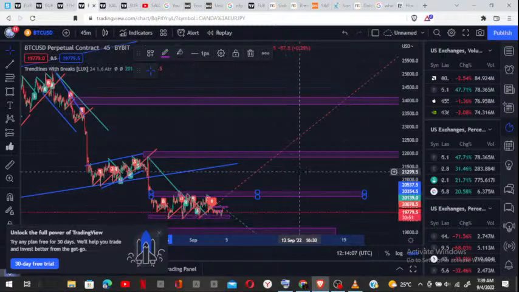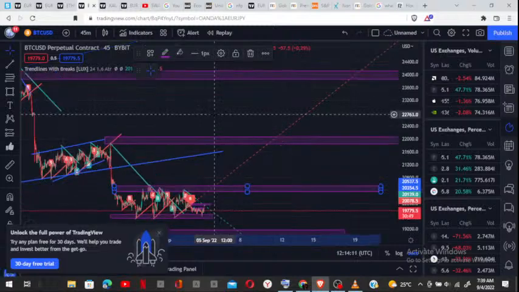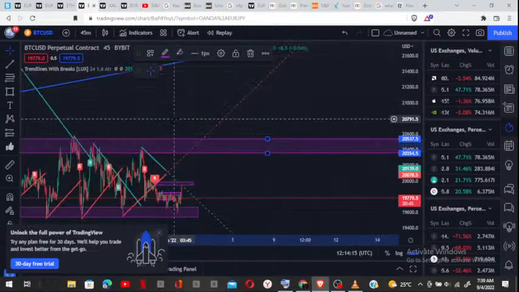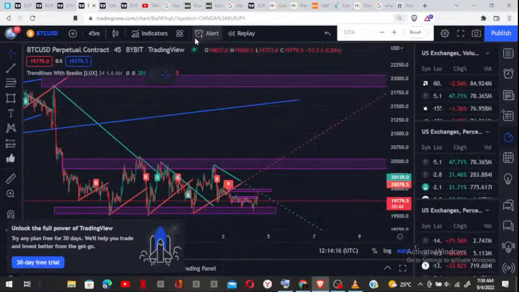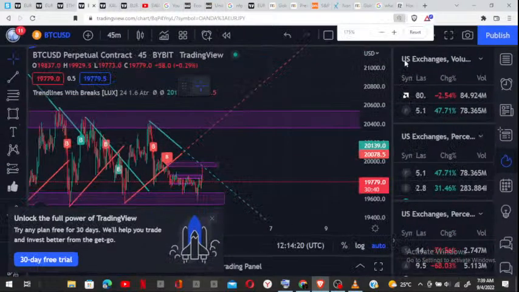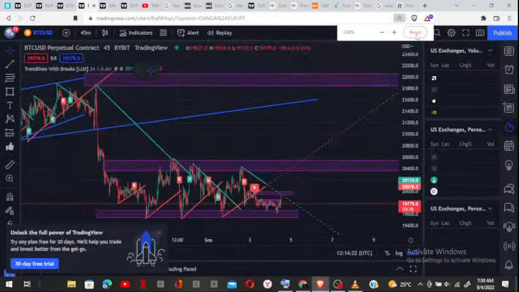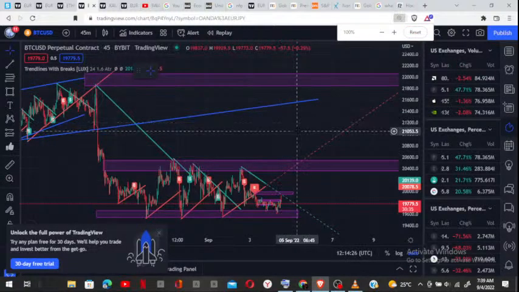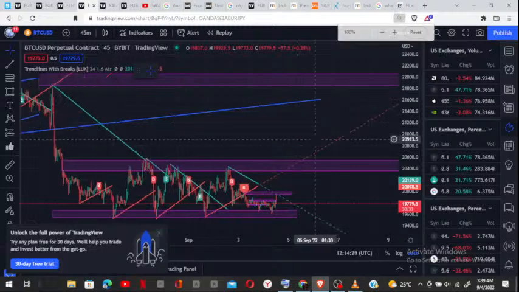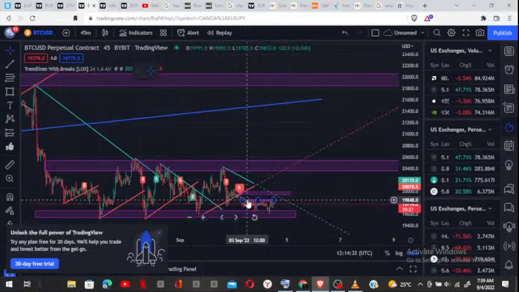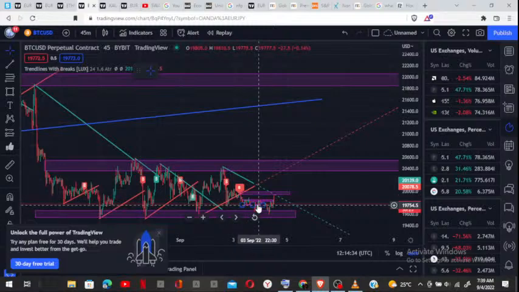So far so good. Let me just zoom this out. Remember we had our 5 minutes around here, so supply and demand zones over here.